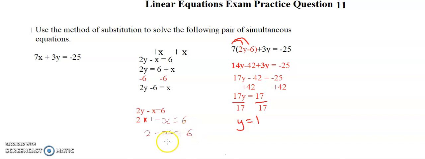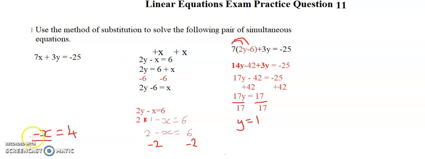I can just guess or I can work it out. So I'm going to take away 2 from both sides. If I take 2 from both sides, that leaves me with negative x is equal to 4.